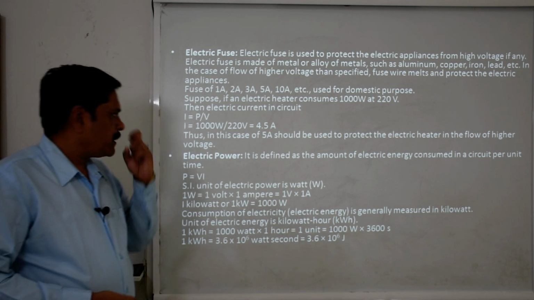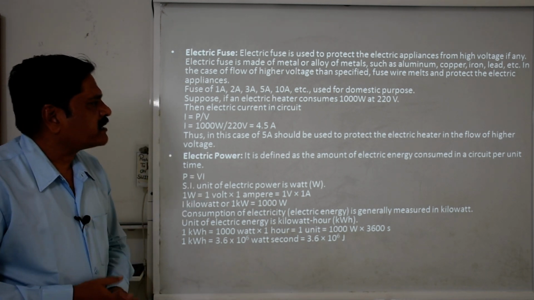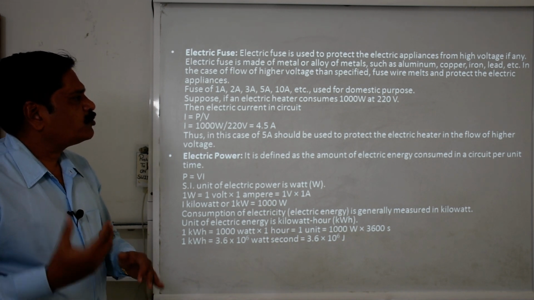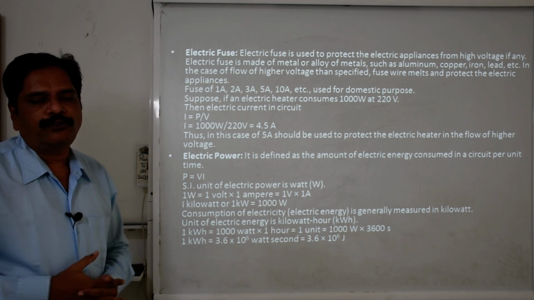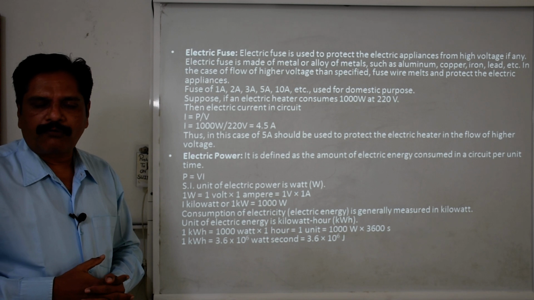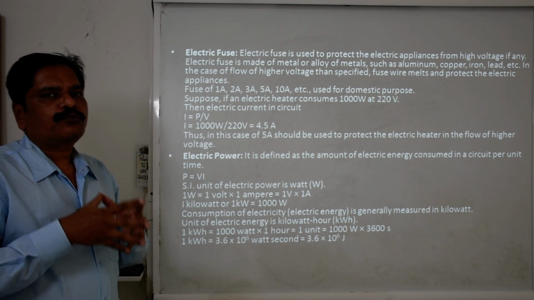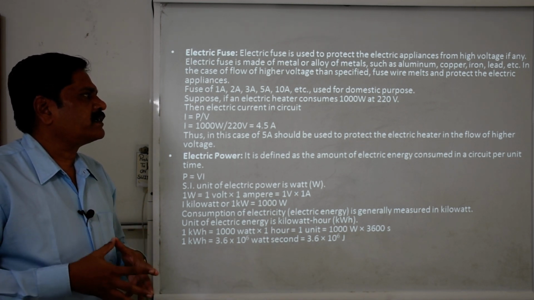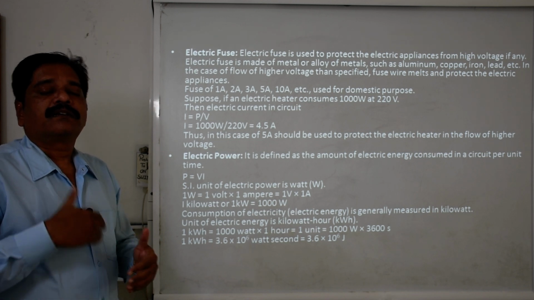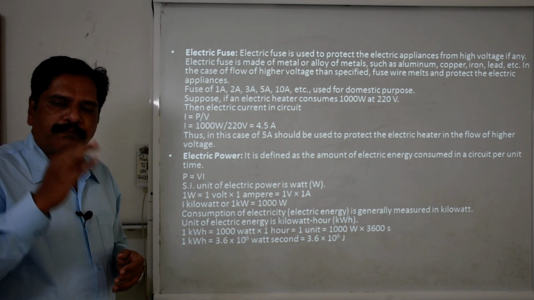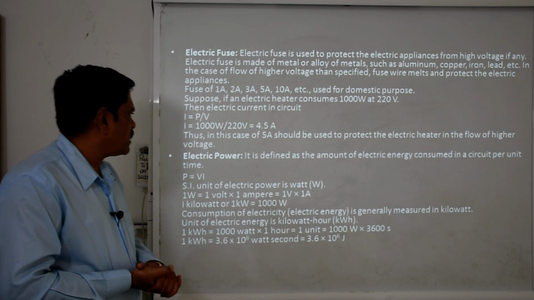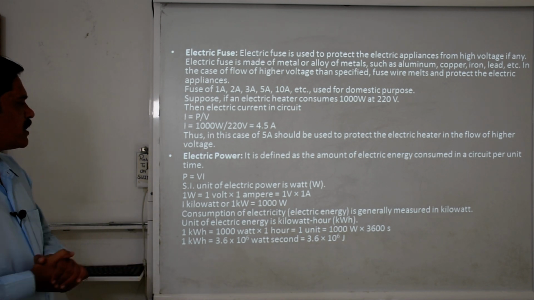What is electric power? It is the amount of electric energy consumed in a circuit per unit time. Remember this.